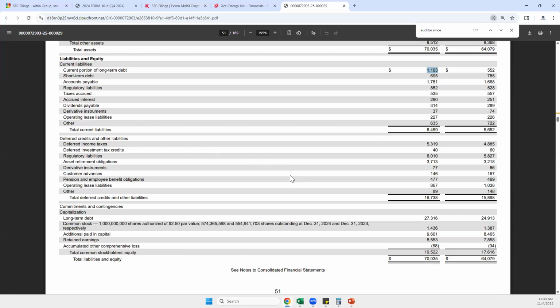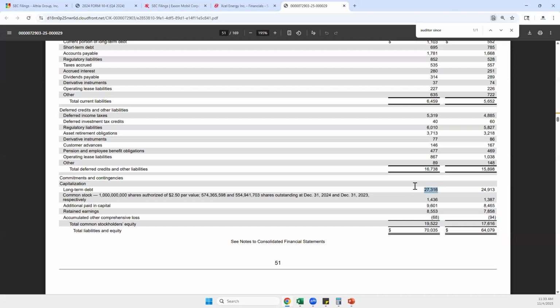And then the long-term portion of the long-term debt would be disclosed somewhere else. Here, long-term debt is disclosed elsewhere on the financials, so lower.